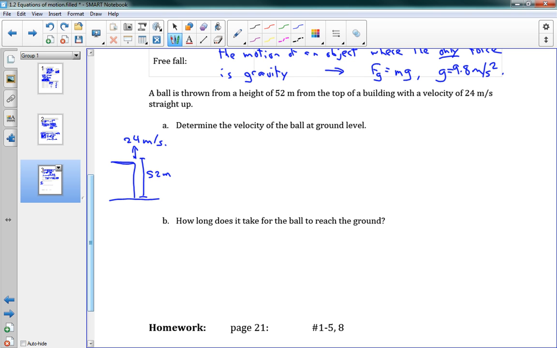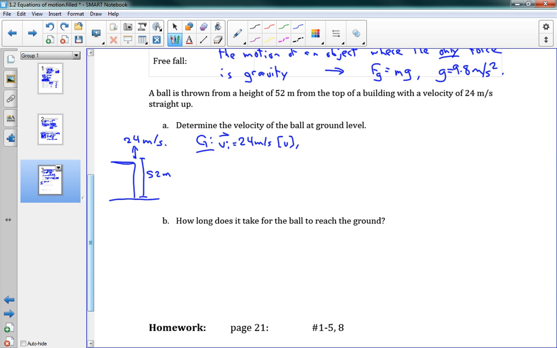If I'm listing my given values here, we know that VI is equal to 24 meters per second up. We don't know about VF. That's what we're going to try to find.